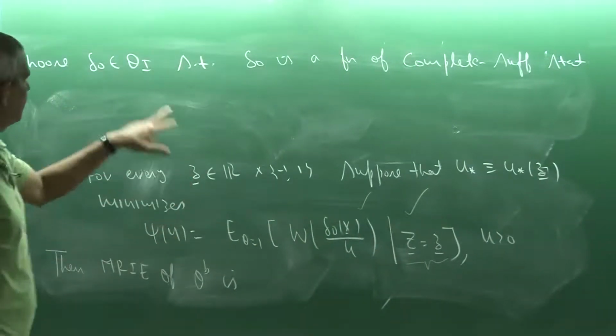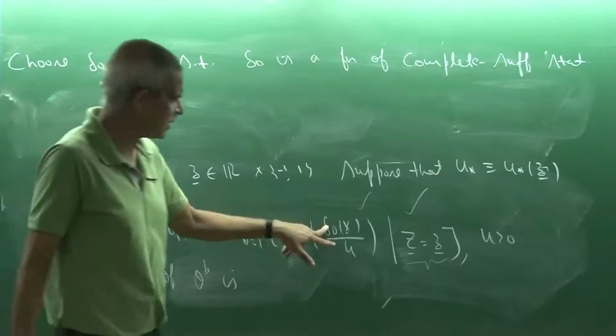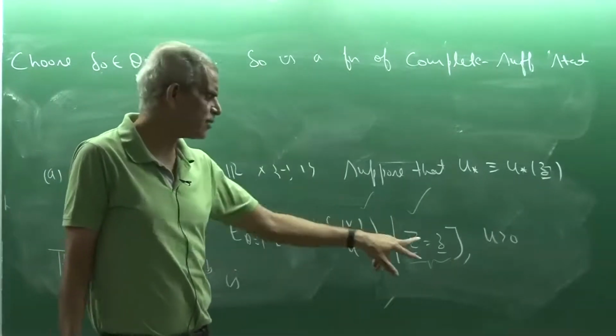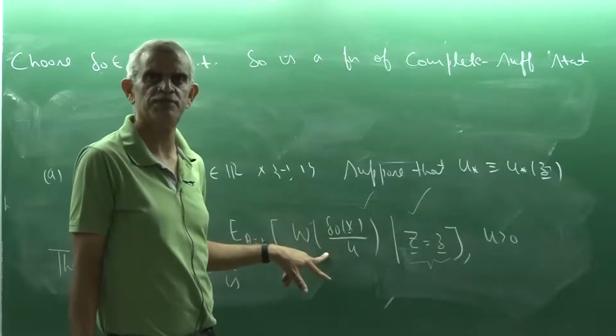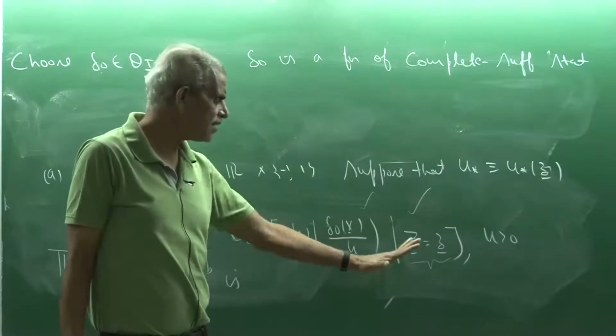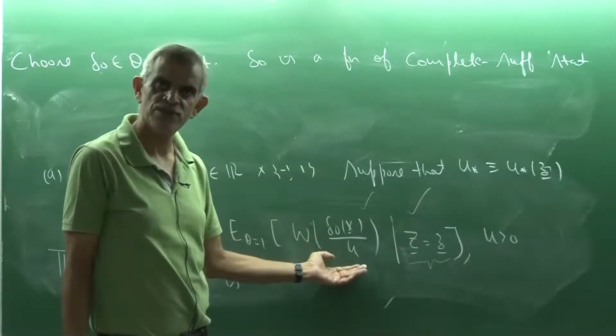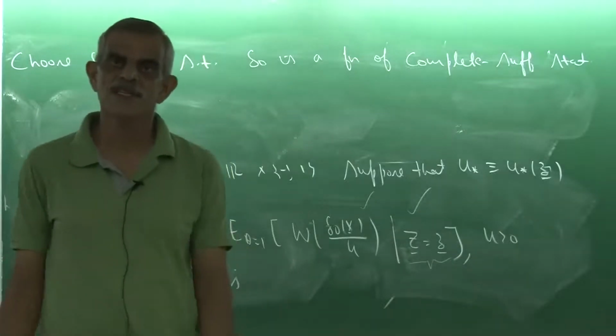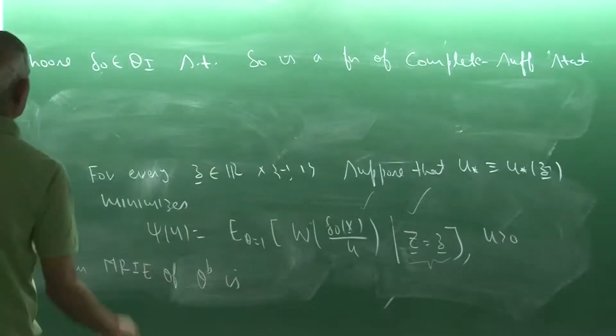Then I know that this being a function of a complete sufficient statistic, and this being ancillary, the two are independent, so the conditional expectation would be the same as the unconditional expectation. So now I have to minimize this, there is no Z now. So this U is going to be constant, it no longer depends on Z.